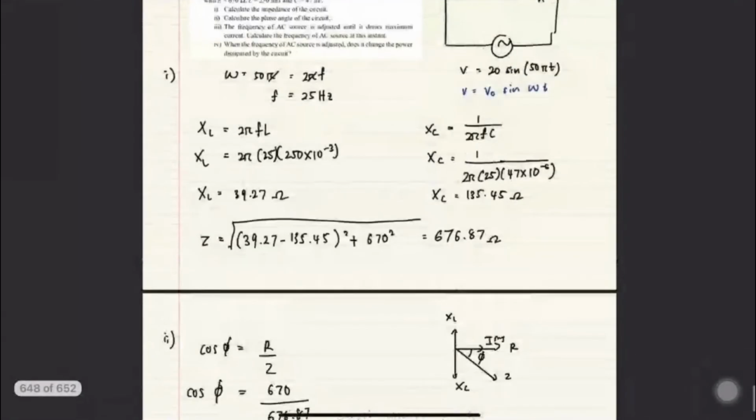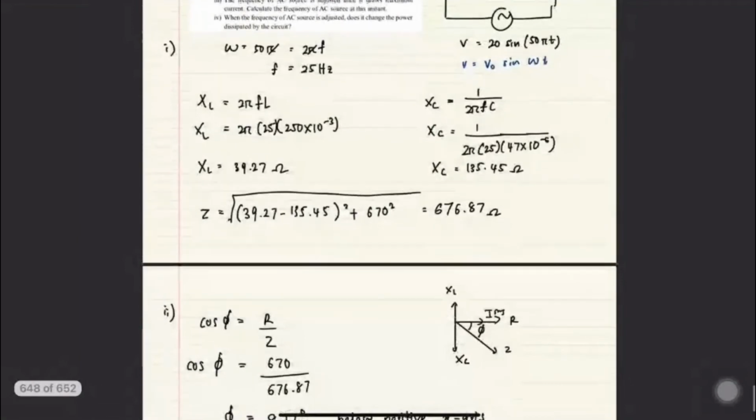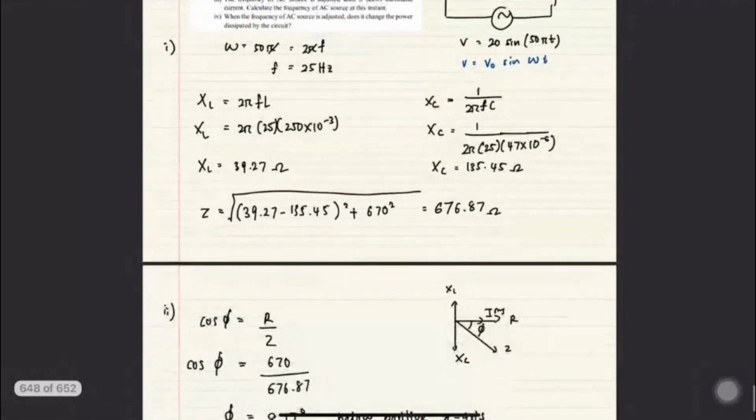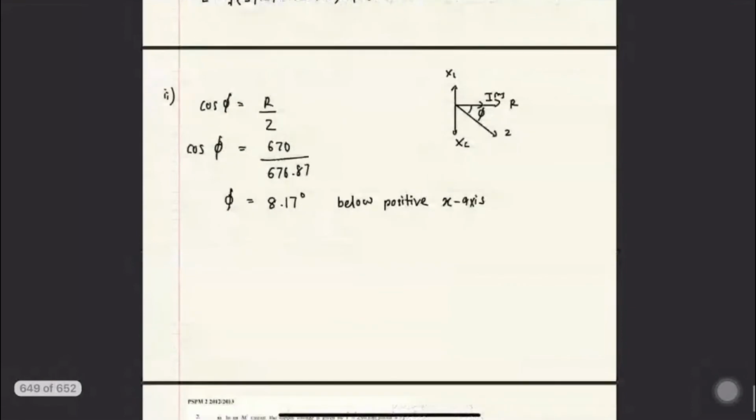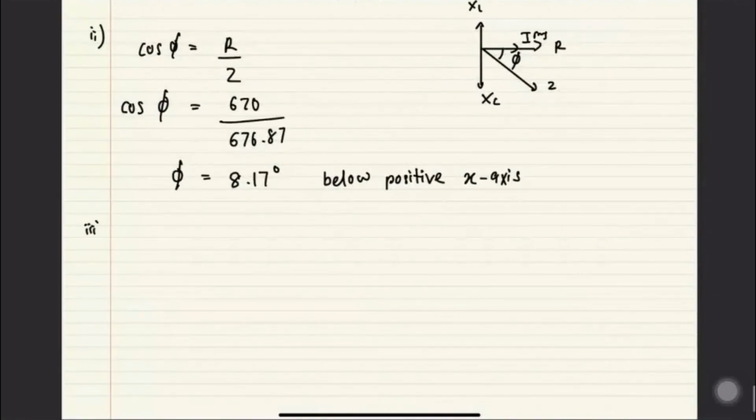Okay, number 3 says the frequency of the AC source is adjusted and they draw maximum current. Calculate the frequency of the AC source at this instant. When we talk about maximum current or maximum power dissipated, it only happens at the resonant frequency.